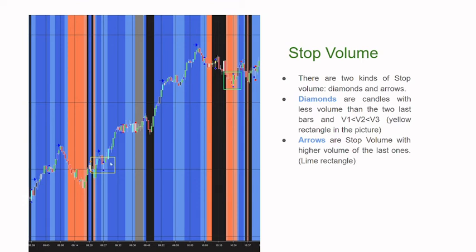So as in this case and in this case, you want a high volume stop bar when the market is trending, like here. Also, these bars are not setups by themselves, you need a confirmation.